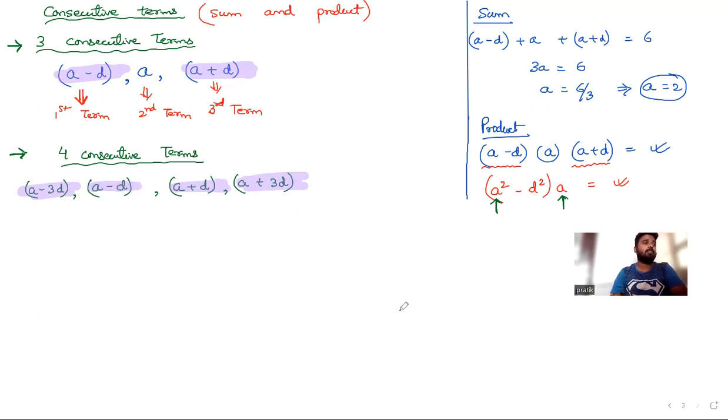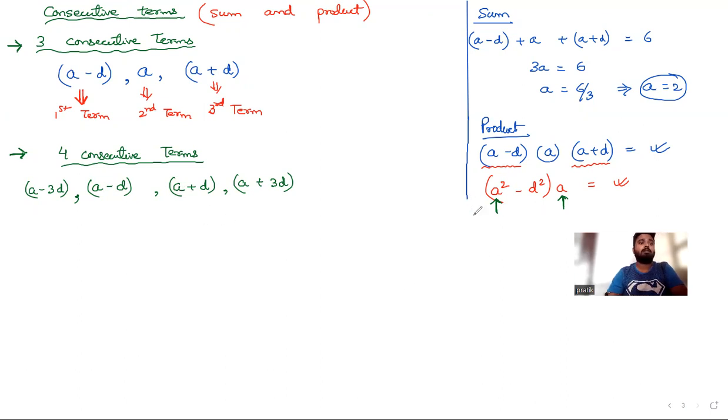So that is one of the major things that you should understand. And if you check into the common difference between any two of the four consecutive terms, you'll see the common difference is 2D. What's a common difference? It is 2D. Subtract the two, you'll find this as 2D.